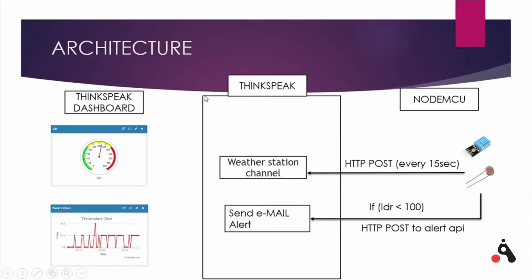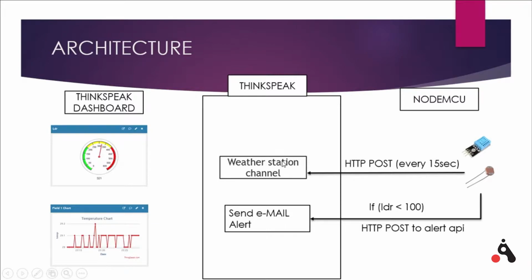So talking about the architecture of this project, we have this NodeMCU which is publishing the data. The data is basically the temperature sensor data and the brightness data from the LDR sensor. These 2 data are published by NodeMCU. Basically it is making a POST request on the ThingSpeak server, on a specific channel.